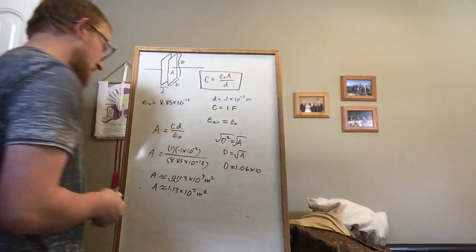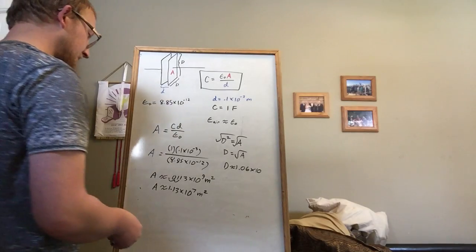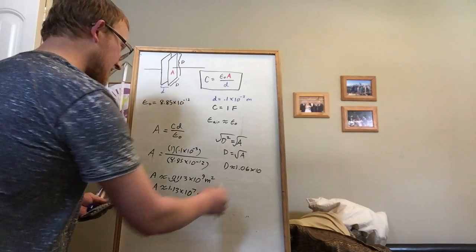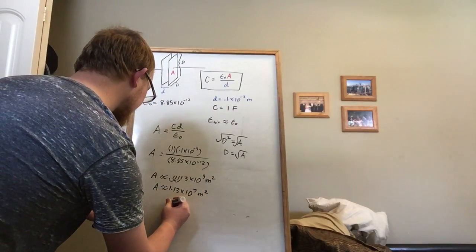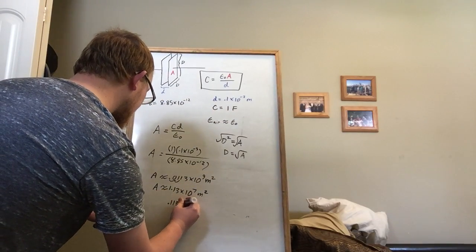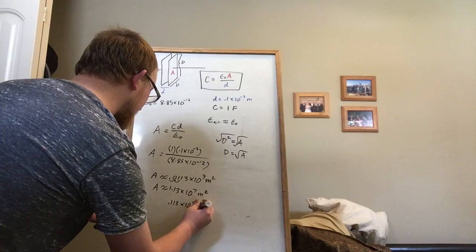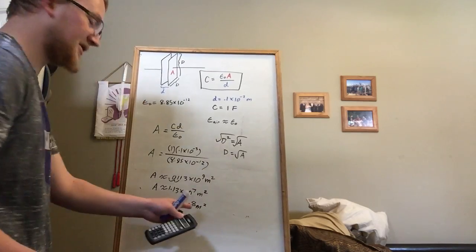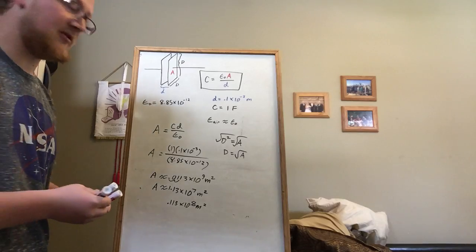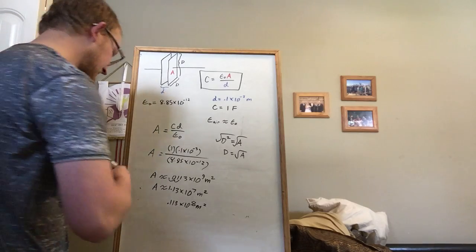times 10 to the, well, actually that's an odd value. Let's go ahead and write this as 0.113 times 10 to the 8 meters squared. I don't have a smart calculator, so I can really only deal with even powers in scientific notation.